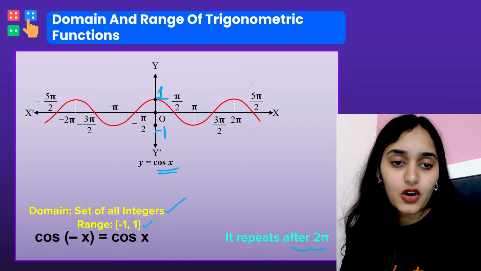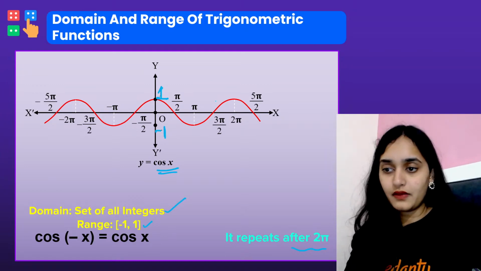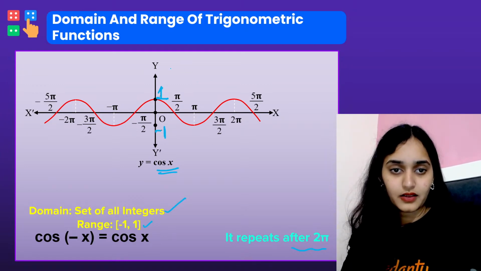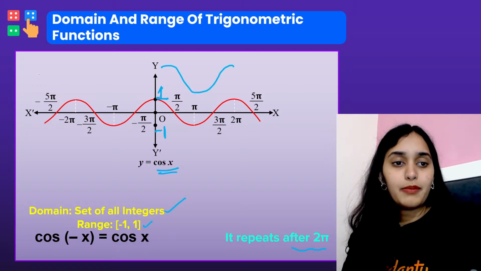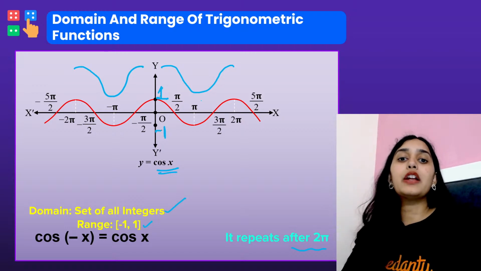So between 0 to 2 pi, it looks like this. Again, between -2 pi to 0, it looks like this. So every time your graph is going to repeat the value.